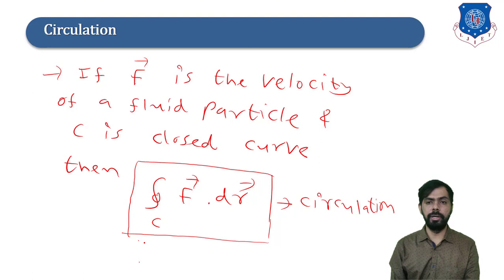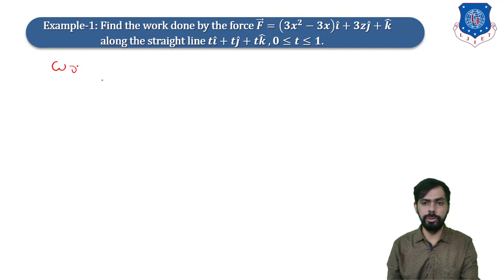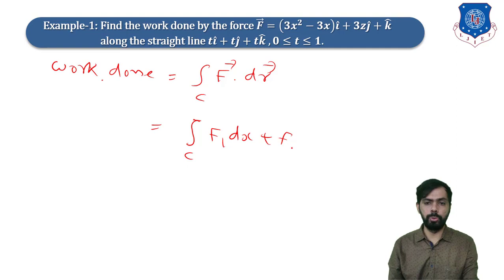First example: find the work done by the force F, that is (3x square minus 3x) i cap plus 3z j cap plus k cap, along the straight line t i plus t j plus t k, where t varies from 0 to 1. So here we have to find the work done. It is basically a line integral, so it is given by F dot dr over curve C. So this will be the integration over curve C of f1 dx plus f2 dy plus f3 dz.